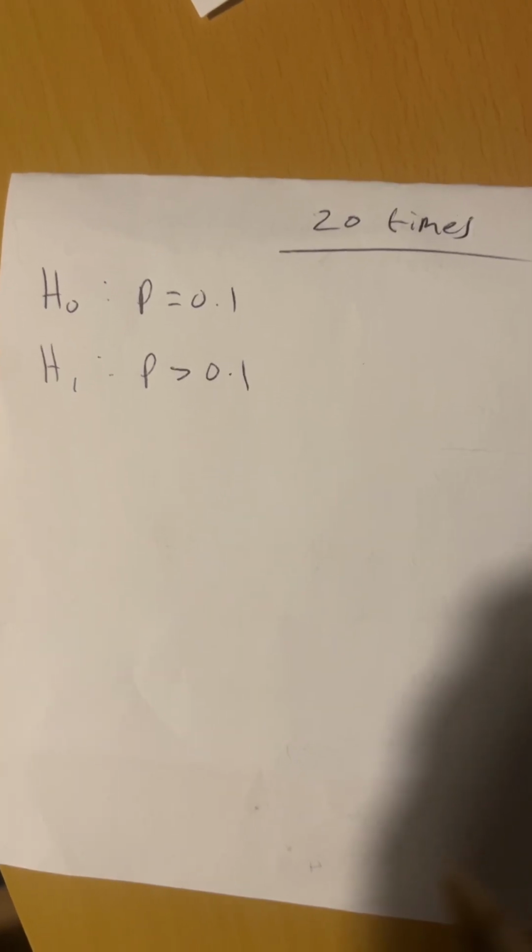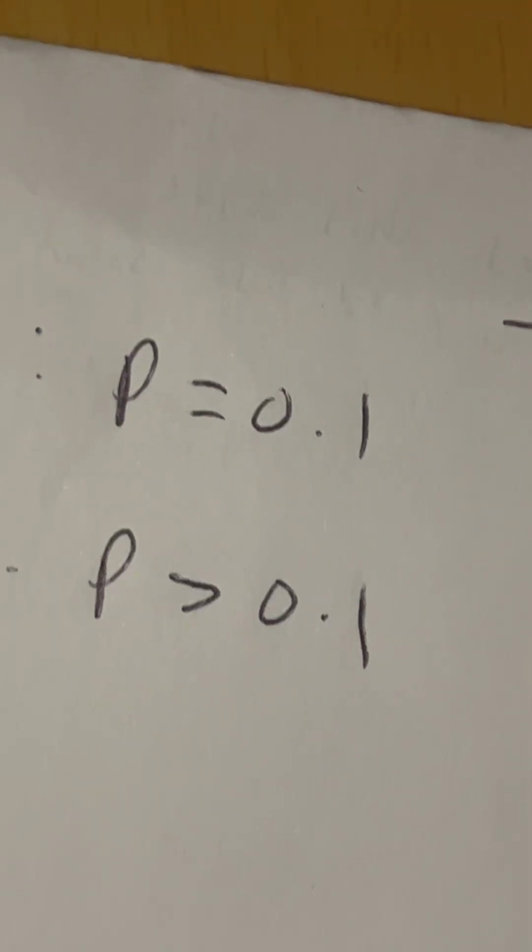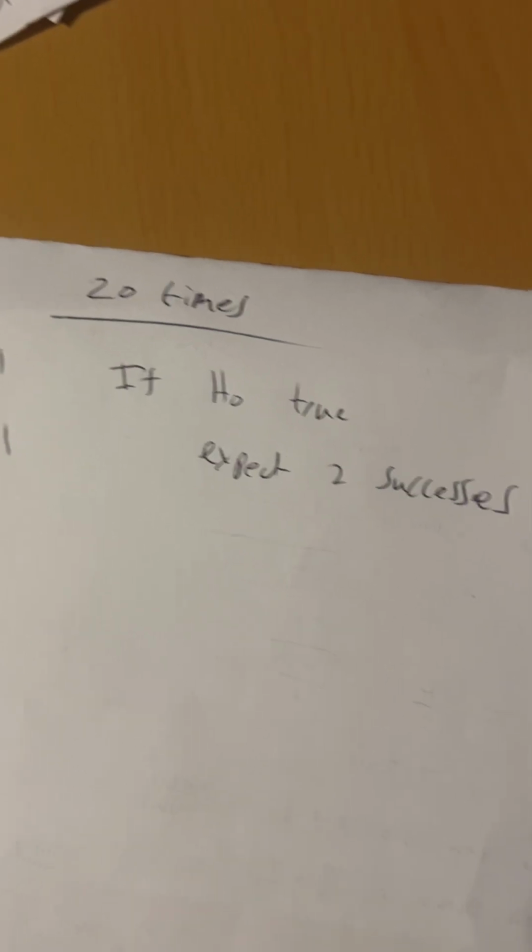And I'll just write our hypotheses that we mentioned before, the H0, which was our null hypothesis, the H1, our alternative hypothesis. Now, before we even throw the dart 20 times, let's just calculate how many times we would expect to hit the bullseye if that H0 was to be true, so if the probability was 10%. If the probability was fixed at 10%, then we would expect 2 successes at hitting the bullseye out of 20, because obviously 10% of 20 is 2.